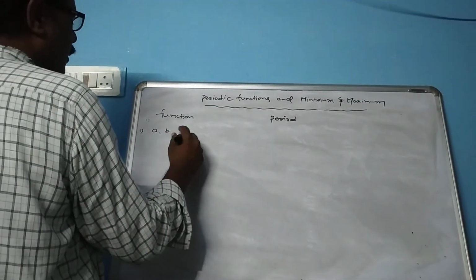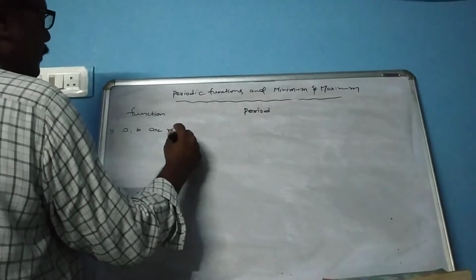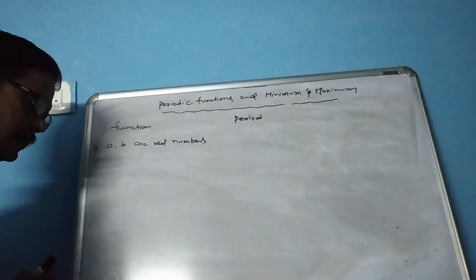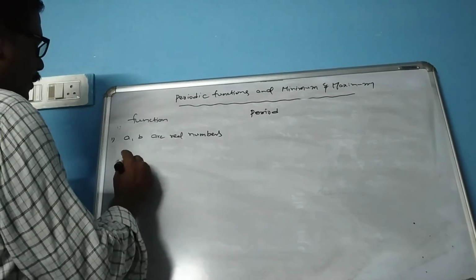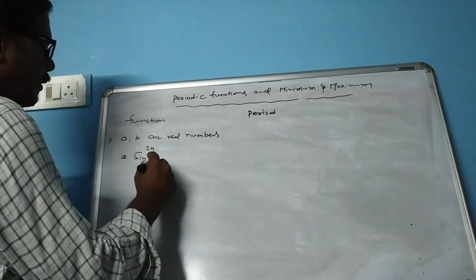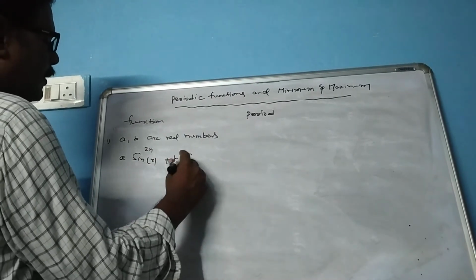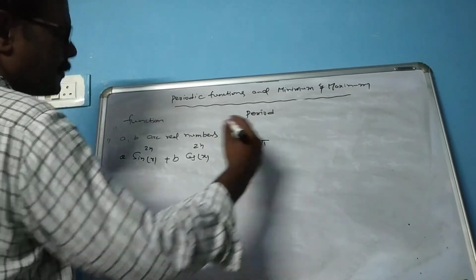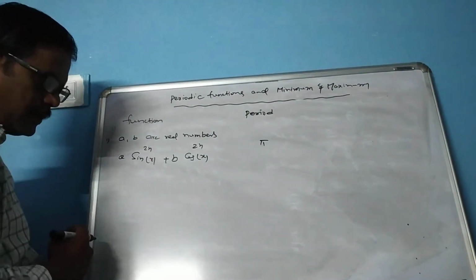If a and b are real numbers, then a sin 2n x plus b cos 2n x has period pi.